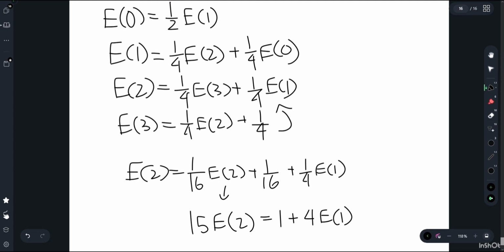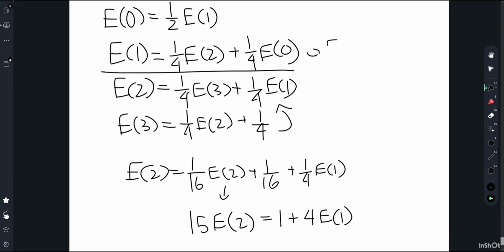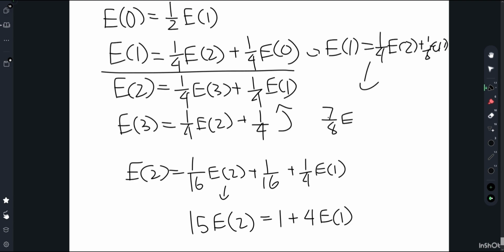Now let's take a look at this equation. This equation is just E1 is equal to 1/4 E2 plus 1/8 E1. So this just gives us 7/8 E1 is equal to 1/4 E2.